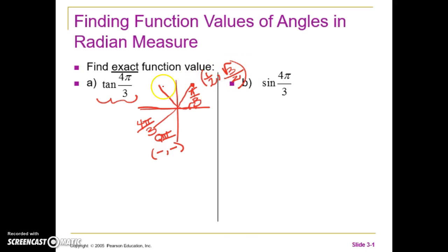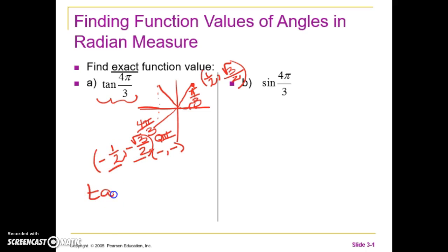And I'm over here in quadrant 3. I know that this would be 1/2, root 3 over 2. If I reflect this down here, I'm still at 1/2 and root 3 over 2, but I'm in quadrant 3, so that's what's happening for cosine and sine.